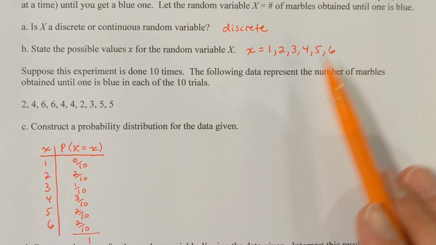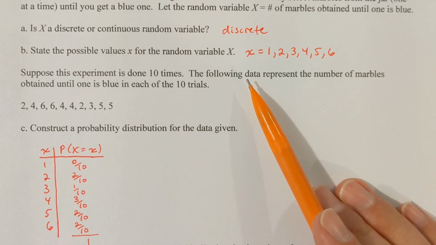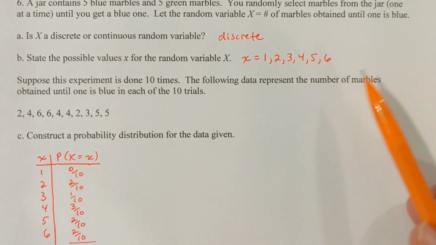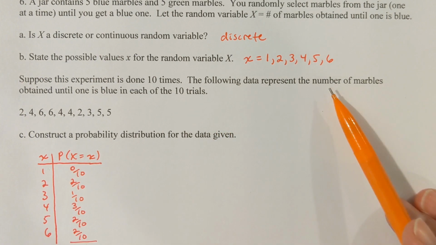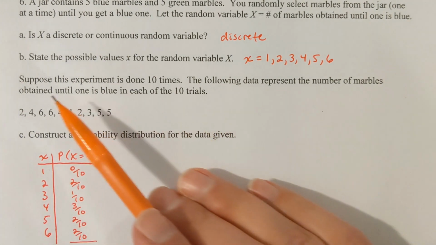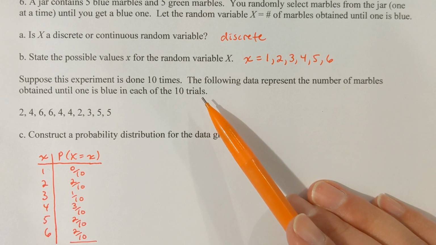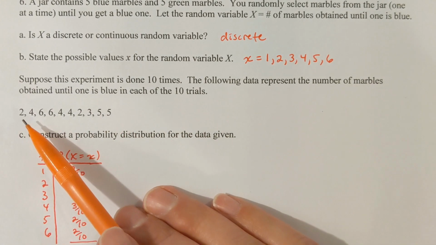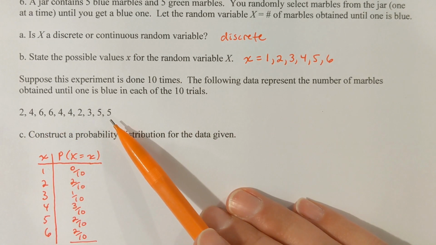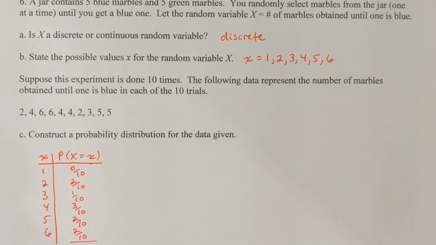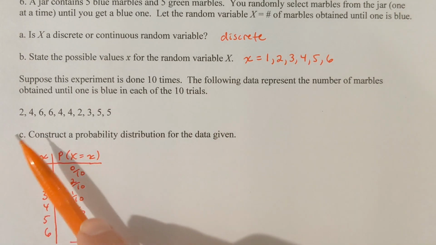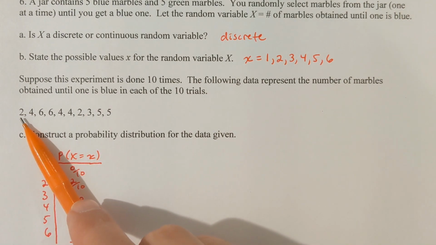Now suppose that this experiment is done 10 times. So you're going to select marbles from the jar one at a time until you get a blue one. And the following data represent the number of marbles obtained until one is blue in each of the 10 trials. Here are some numbers that I just made up. We saw a blue one on the second marble selected.